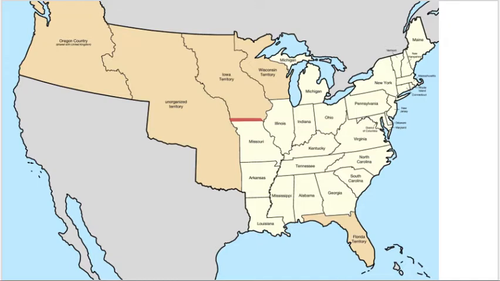Before actually trying to address the topic 5.2 learning objective, I first want to describe for you the extent of American expansion prior to 1844. And the best way for me to do that is to have you now take a close look at the map on the screen before you.